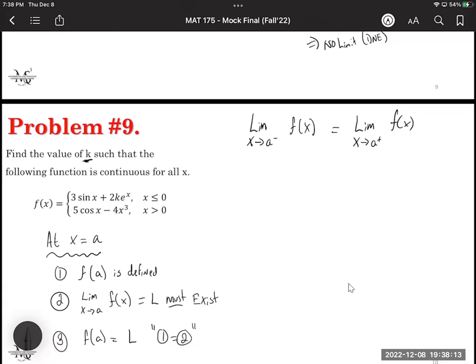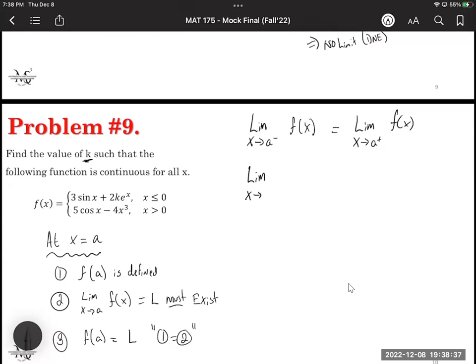Now, the value of a is going to be, in the case of this piecewise function, where the rule or your domain changes. So at what value of x is your domain changing? 0. The domain is changing at x equals 0.